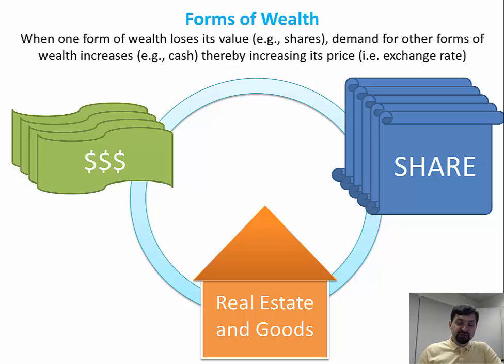Or third option, you can be wealthy by having all kinds of real estate and goods. For example, I can have no shares, no dollars, but own, let's say, 25 houses. And then I'm rich. I don't have any money at the moment, but I do have some tangible property. It can also be goods like cell phones, like cars, like whatever else.